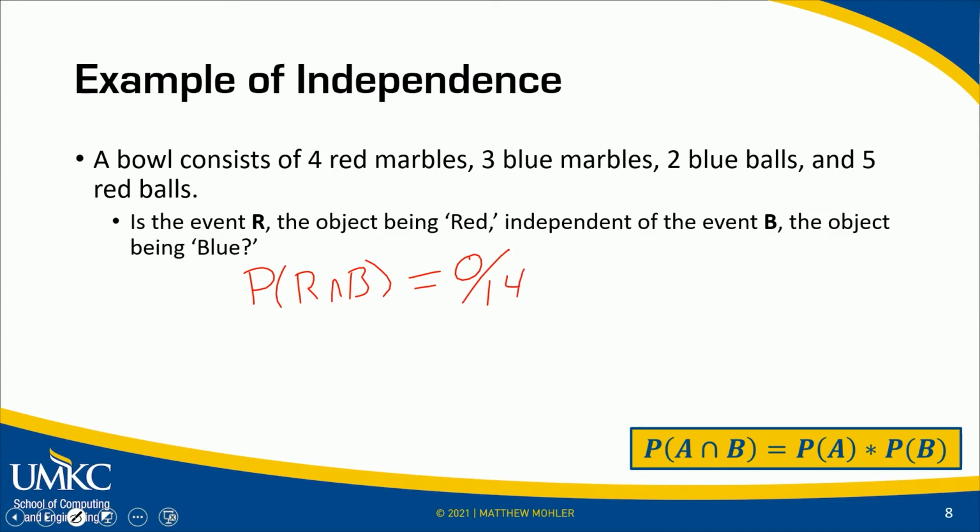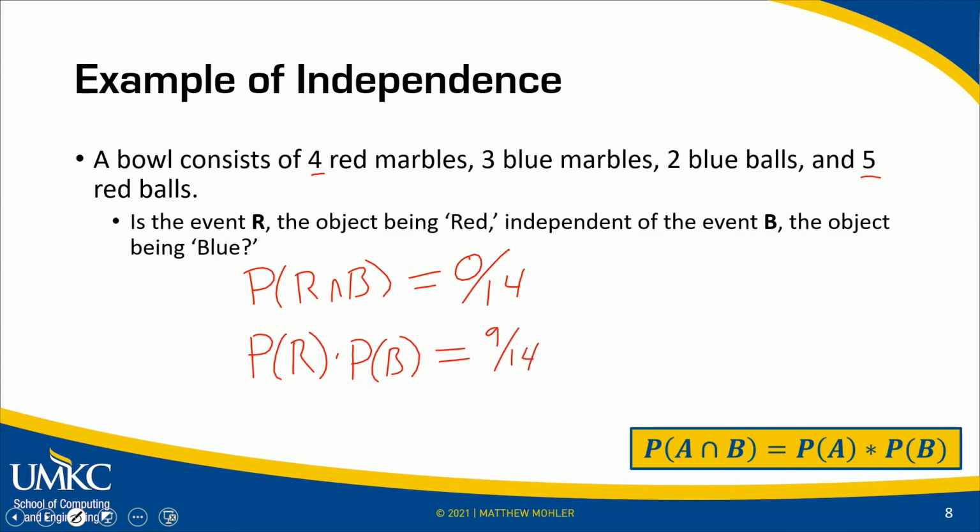And then the other side of this equation would be the probability of red times the probability of blue. Well, the probability of red in this case is going to be 4 of the red marbles plus the 5 red balls, so 9 out of the 14 outcomes.